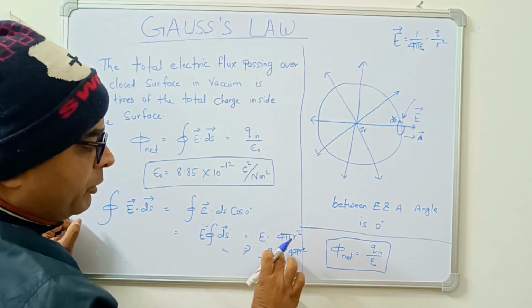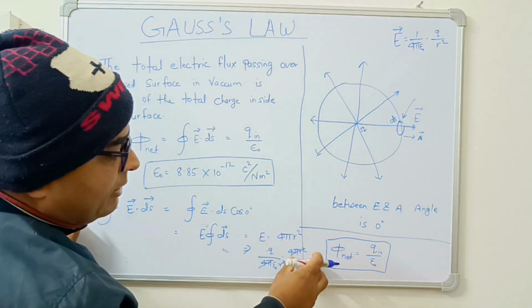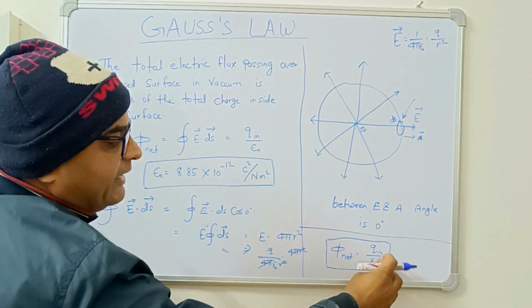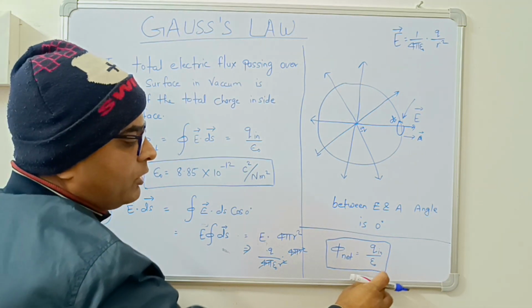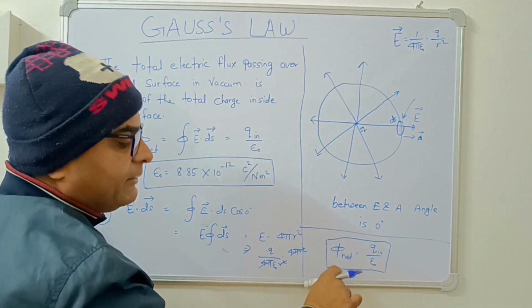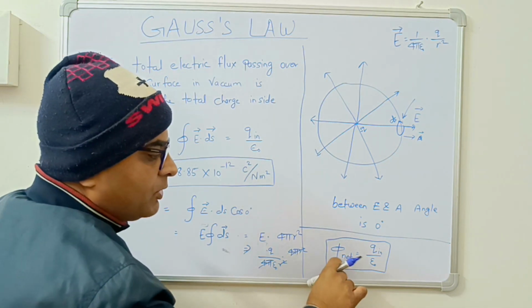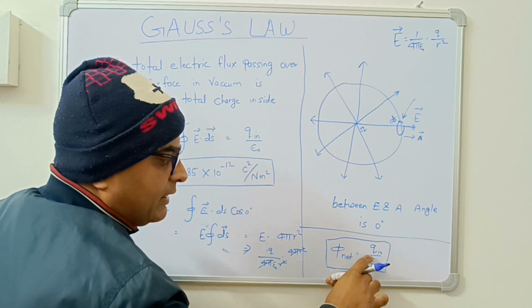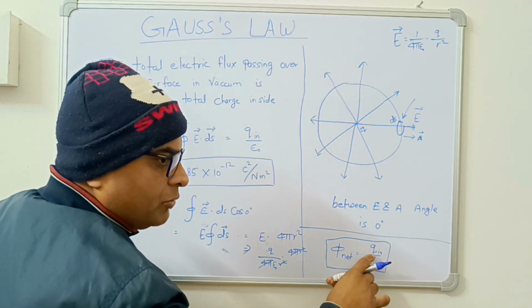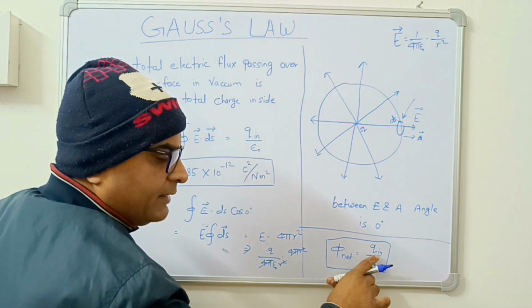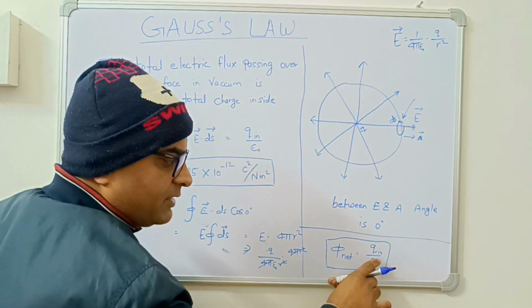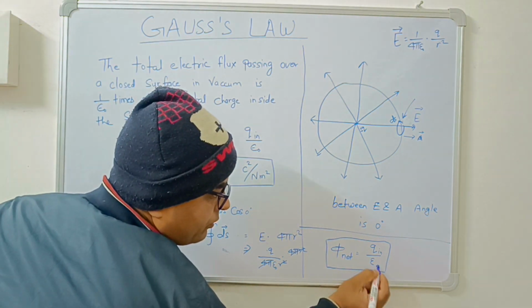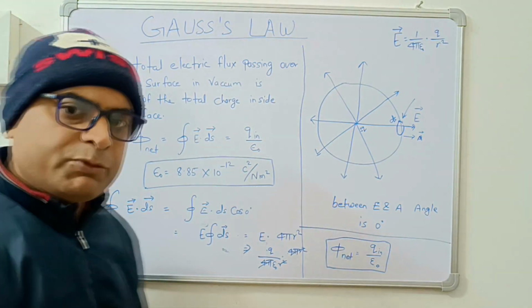If you put the value of E, the 4 pi r square gets cancelled, and you are simply left with q upon epsilon naught, which is nothing but the total net flux passing through that closed surface. This gives q, the total net charge inside the closed surface, upon epsilon naught. So this is the proof of Gauss law.